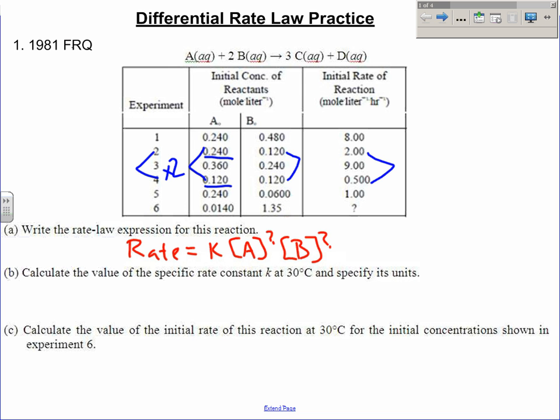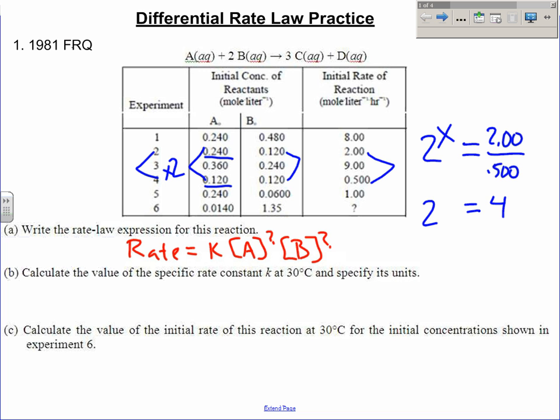It's a times 2 in terms of A. And remember, order is to what power we have to raise that ratio of concentrations to equal the ratio of the rates. Well, between Experiment 2 and Experiment 4, the rates were 2.00 and 0.50. So if you divide 2.00 by 0.5, you get 4.